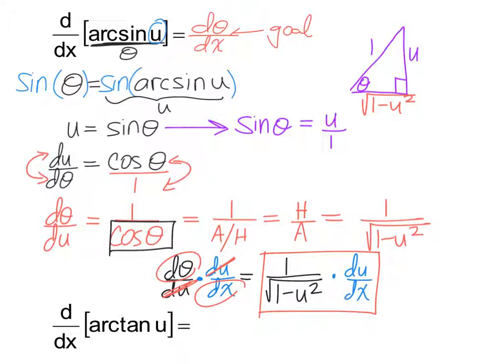So if I said something like d dx of the arc sine of 5x squared, this would be my u. Just follow the model. 1 over the square root of 1 minus my u, which is 5x squared, multiplied by the derivative of the u.